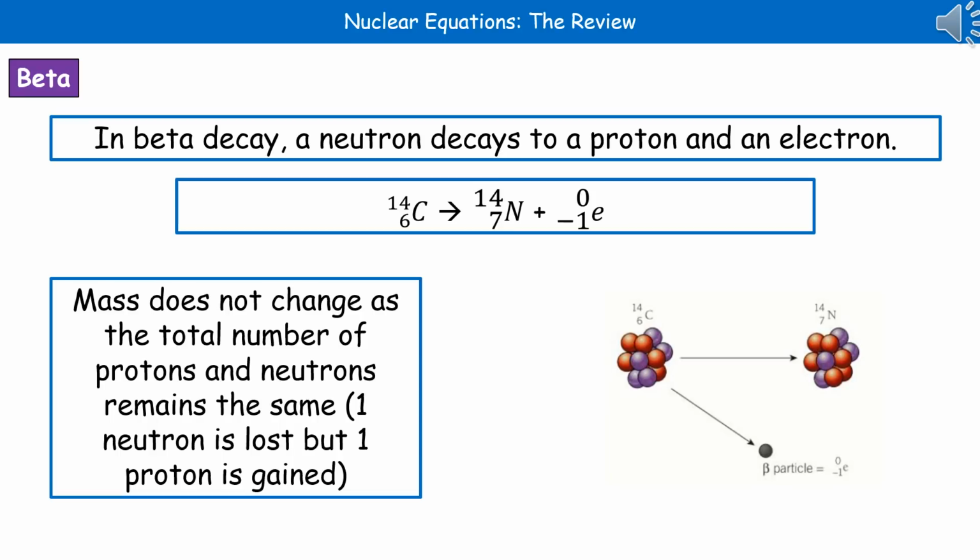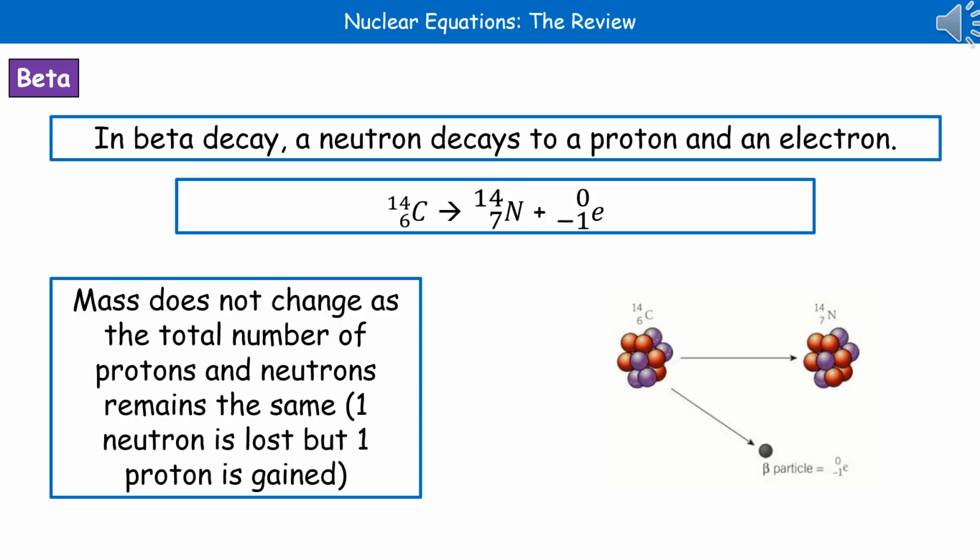In the process of beta decay then, a neutron is going to decay into a proton and an electron, as we said earlier. So what we start off with, in our example here, is carbon-14. So we've got obviously our mass of 14 and our charge of 6. Now, because we're having our neutron decay to a proton, those have the same mass. A neutron has a relative mass of 1, a proton has a relative mass of 1.